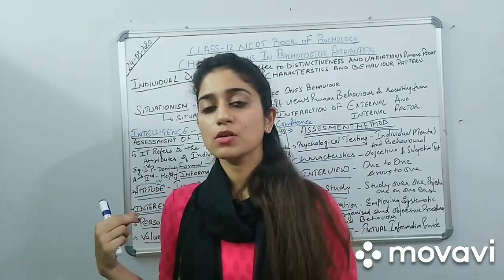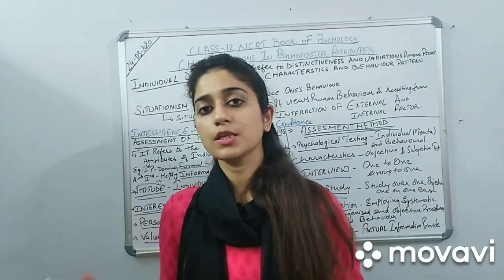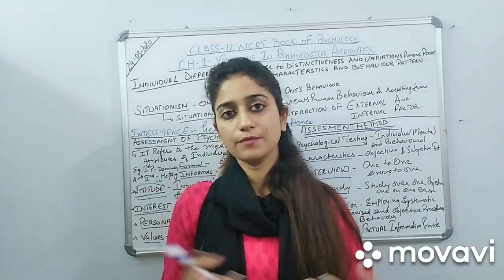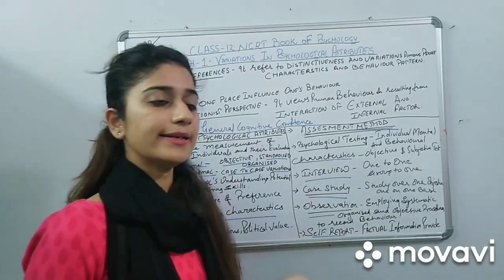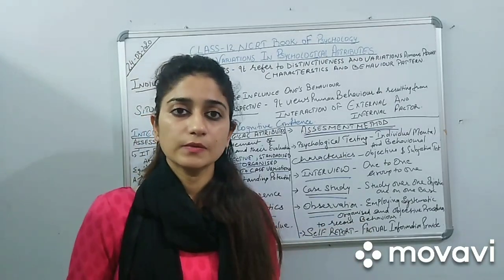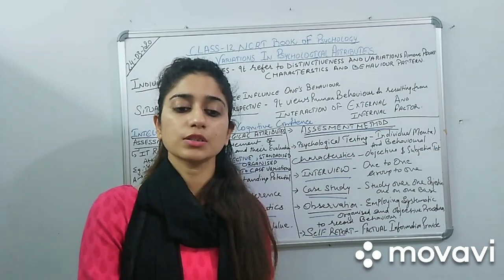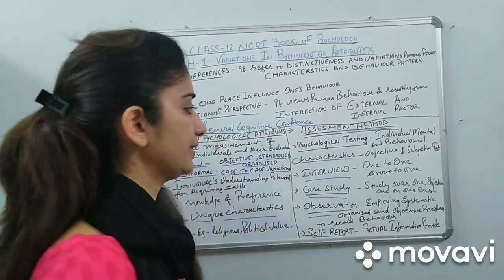Like intelligence is also related to some tests, like the Bhatia intelligence test for adults and for children. That test will tell how much intelligence a particular individual or subject has who is attending the test.